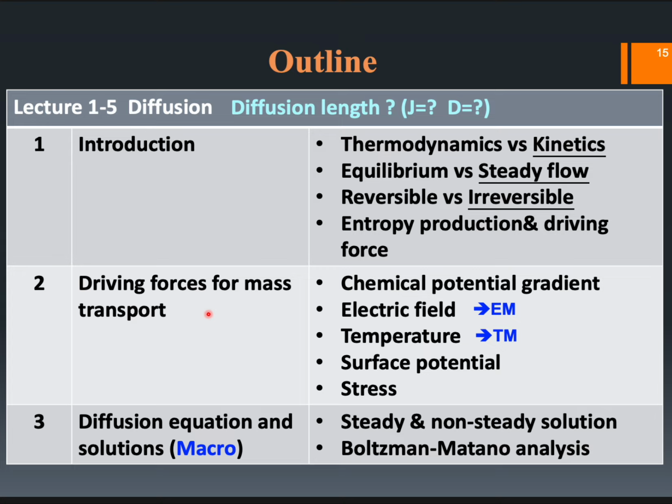Once you know the driving forces, you can get the flux, and based on the flux, you can formulate the diffusion equation and get the corresponding solutions on the macro scale to describe the concentration profile of the diffusing atoms.